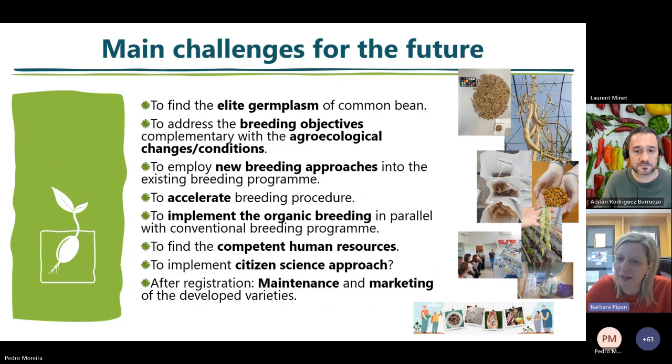So that when the variety is registered, after 10 years it still stays as it was registered, stable and uniform as it was described. So this is also one of the challenges for ourselves. Next slide, please.